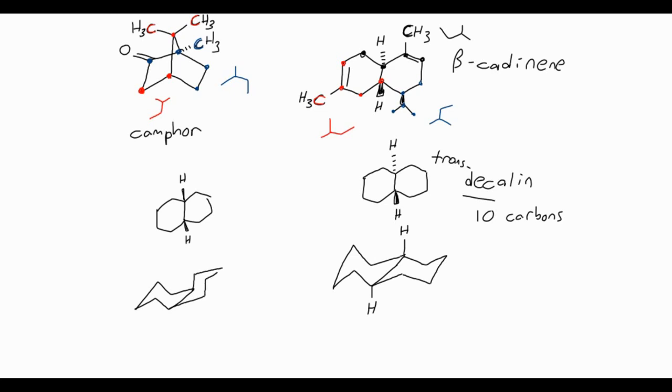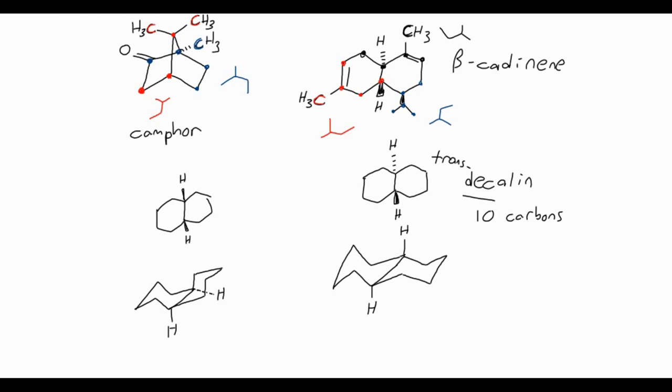So if we finish up the chair, then we have this looking thing, which is going to give us one hydrogen, again in the axial position pointing down, and the other hydrogen, this is where it gets tricky, is going to be back here behind the ring, also pointing down, but this time in the equatorial position.